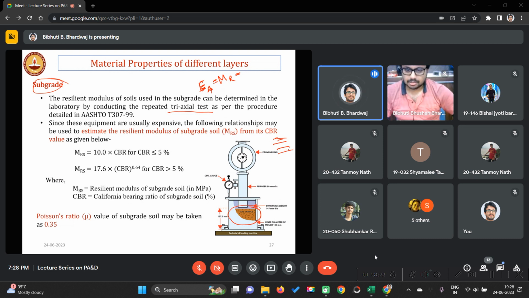Okay, because those people thought that the material or aggregates that are available in California had the highest strength. So CBR value is calculated based on that. Okay, let me ask you one question. Can CBR value be more than 100%?